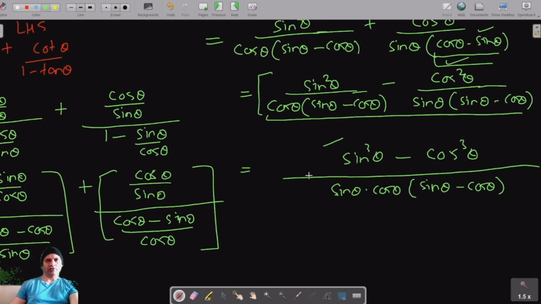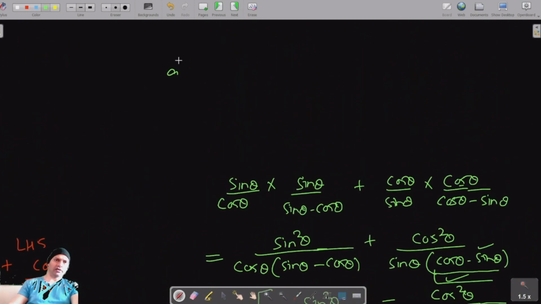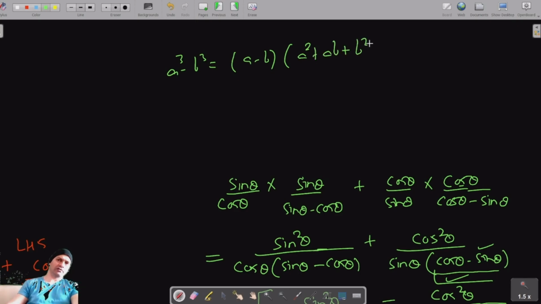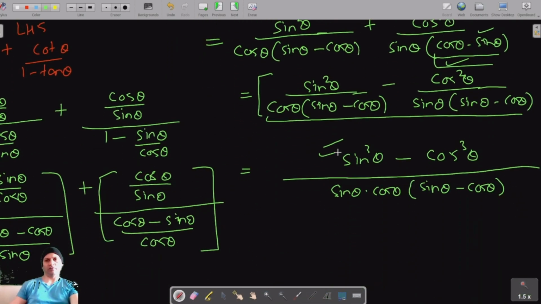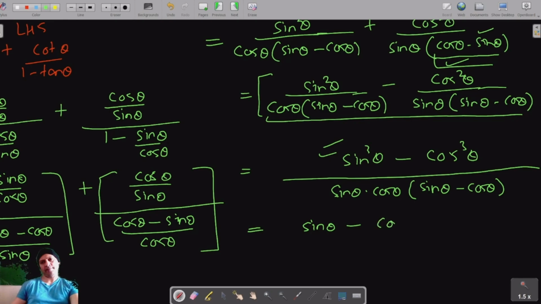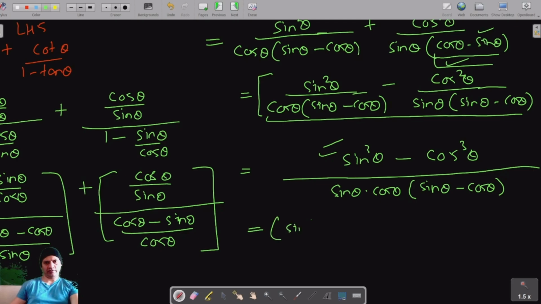If this is now a cubed minus b cubed, we know that a cubed minus b cubed is a minus b times a squared plus ab plus b squared. So we have to use this formula over the pair, minus b.